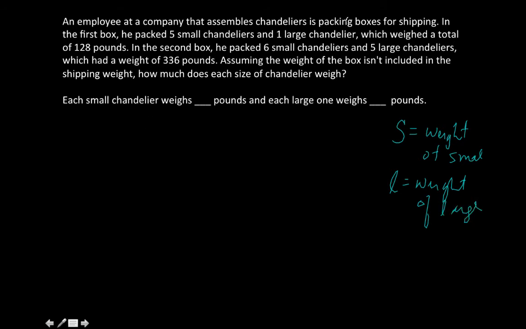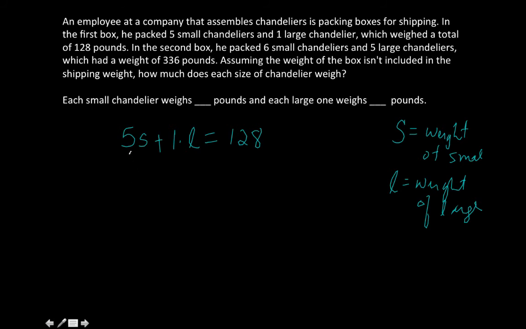Okay, so an employee at a company that assembles chandeliers is packing boxes for shipping. In the first box, he packed 5 small chandeliers and 1 large. So 5 times the weight of the small plus 1 times the weight of the large, and it weighed a total of 128, so equals 128.